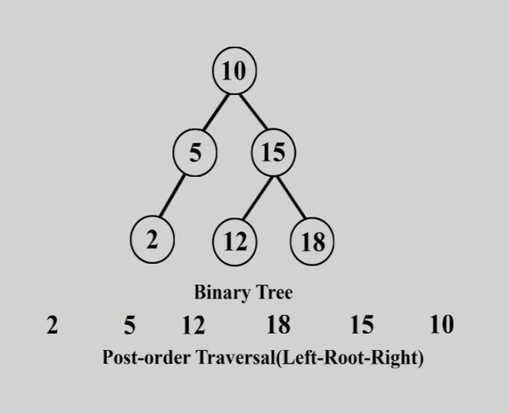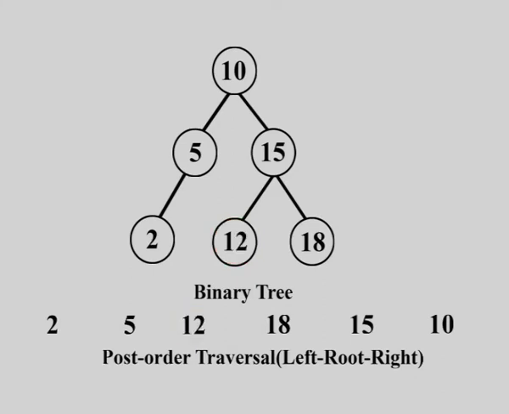Now it is the turn to move to the right subtree of node 10, which contains three elements 15, 12 and 18. In this subtree, 15 is the root which will be traversed after traversing its left subtree and right subtree. The left subtree of 15 contains only one element, 12, which is traversed here.